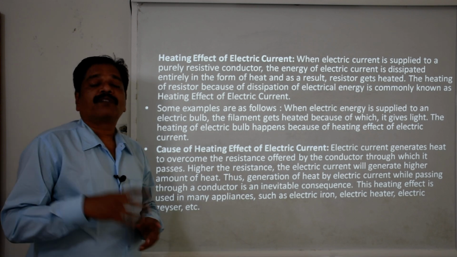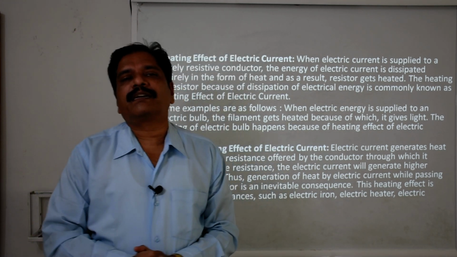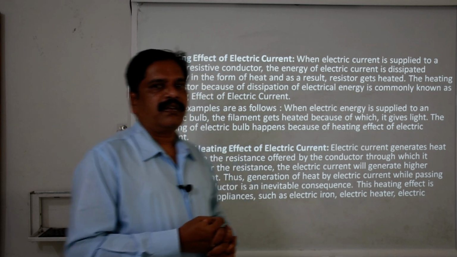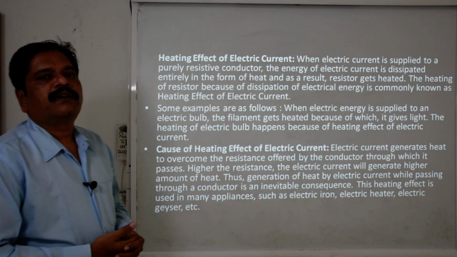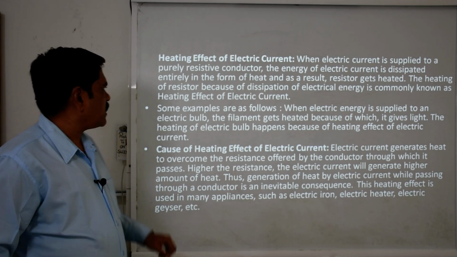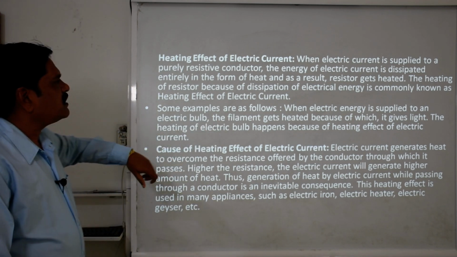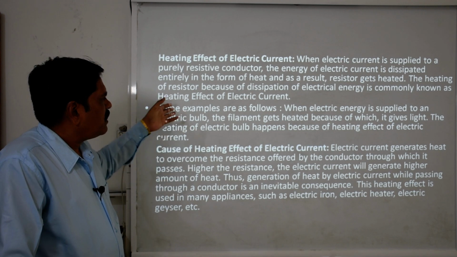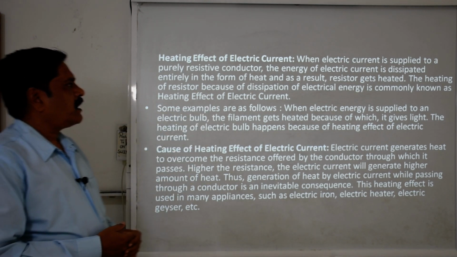You know that when you pass electric current through a metallic device for a long period of time, it becomes hot, and in your day-to-day life you use many applications of this heating effect of the electric current. Some examples: when electrical energy is supplied to an electric bulb, its filament gets heated.